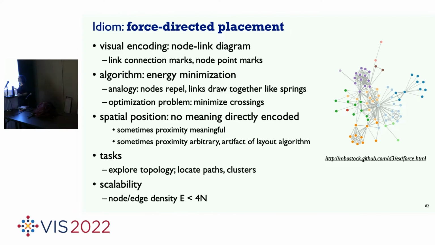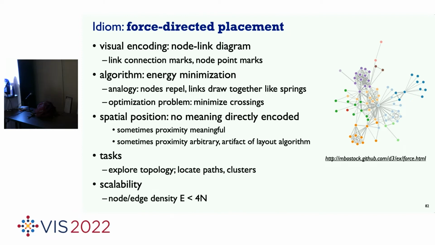And what's interestingly different with this compared to what we talked about before the break was, well, we're not directly encoding anything. Spatial position isn't directly meaning something. Instead, it's indirectly being used. So sometimes proximity ends up being meaningful, right? You know, the fact that this cluster of nodes is close together spatially is actually showing us something about the topological structure, that there's a bunch of interconnections, so those springs drew the nodes close together.